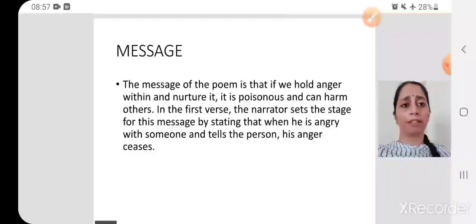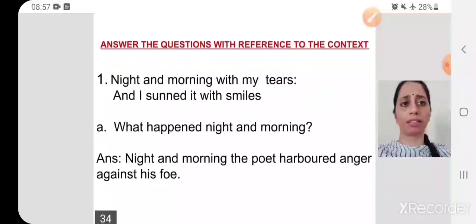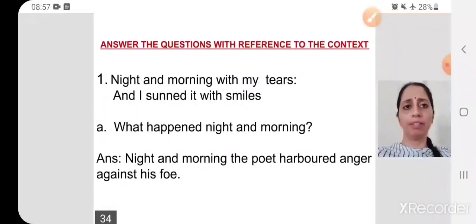Now, let us see the RTC, the reference to the context. The two lines that we have are: "Night and morning with my tears, I sunned it with my smile." So what happened night and morning? Night and morning, the poet harbored anger. His anger just kept on growing.